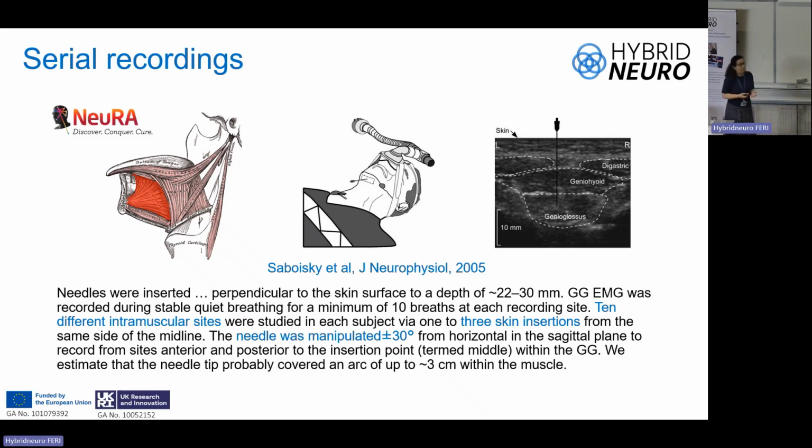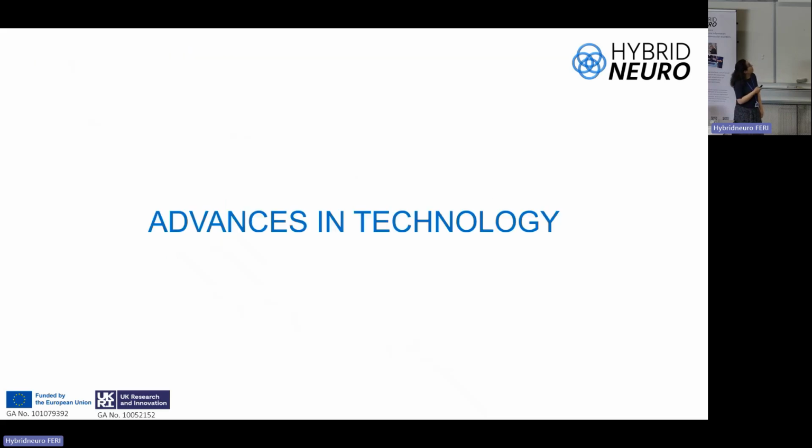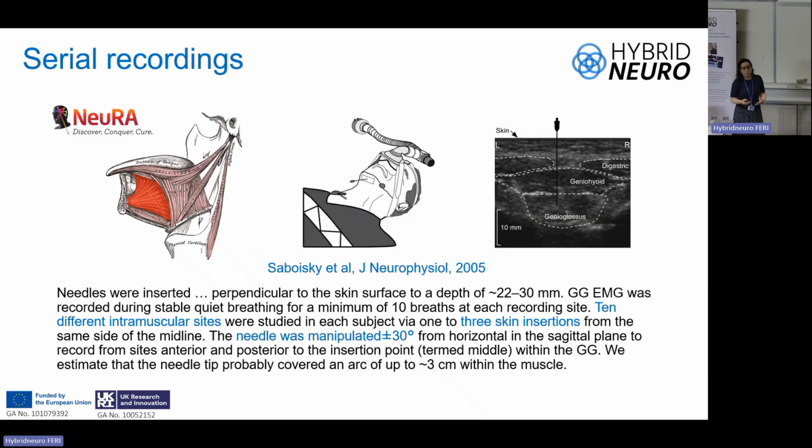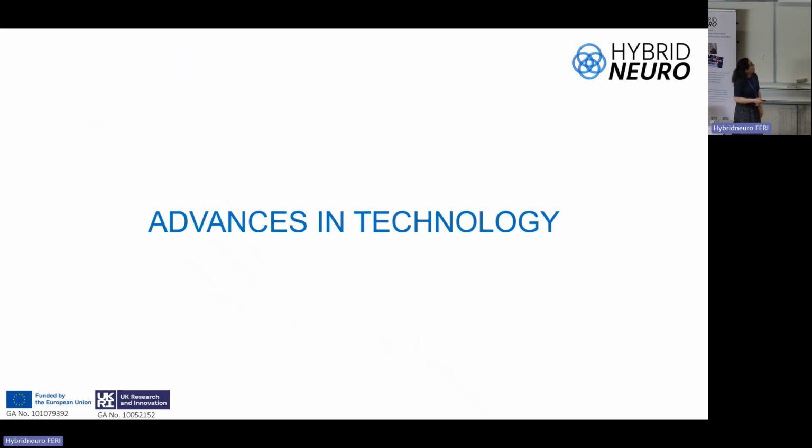This may be a bit uncomfortable for the subject, but also from a signal processing point of view, you cannot do any population analysis because these are serial recordings. The motor units you record are active one after the other, not at the same time. This is a good solution for some types of analysis, but maybe not appropriate for others.